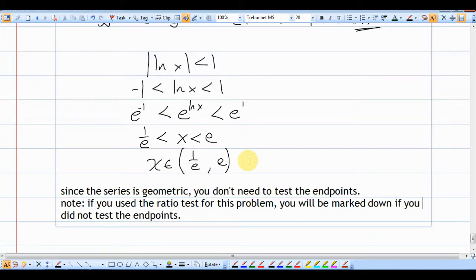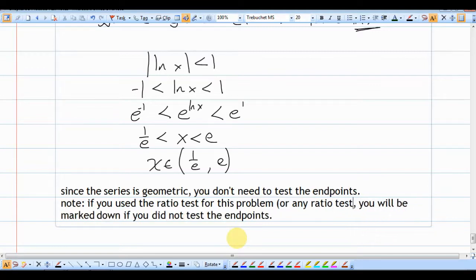So then if it's geometric and you don't test the endpoints, you just assume you're right. Yeah. Geometric never converges at the endpoints. So you don't have to test them.